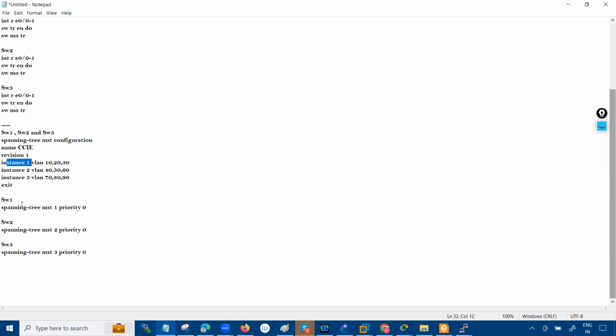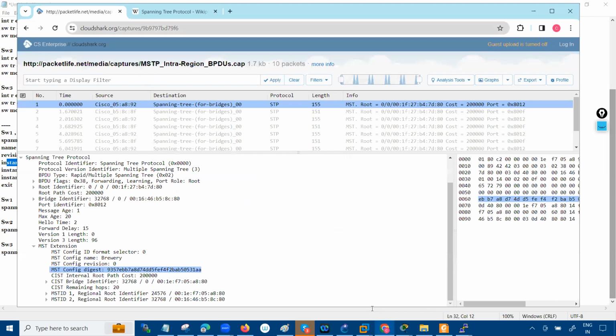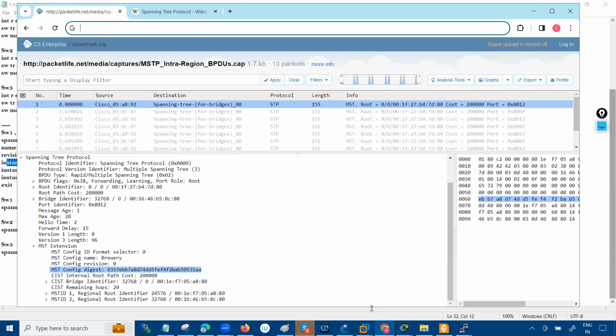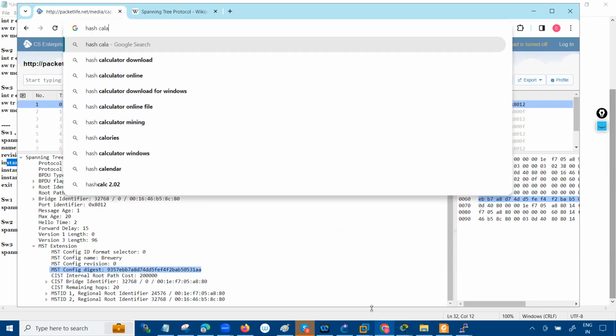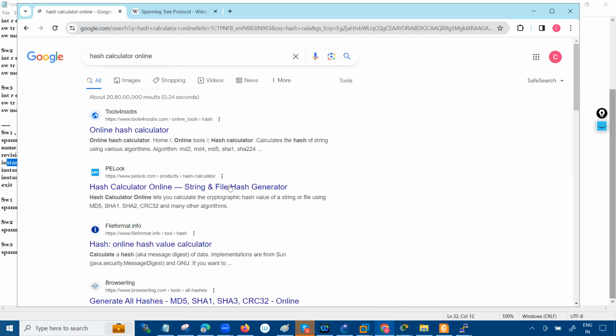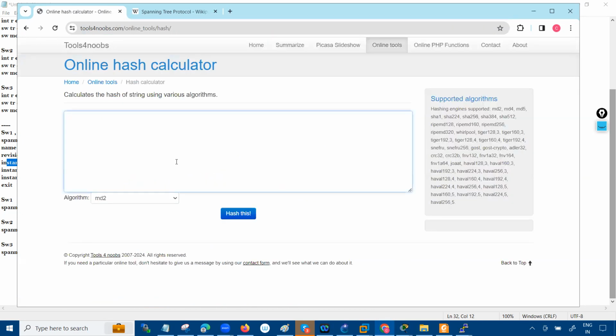And what about the hash? What is actually hashing? I'll explain to you. Let me do it over here. Hash calculator. Hashing is a security term, right? When I teach you IPsec, then you will see that.